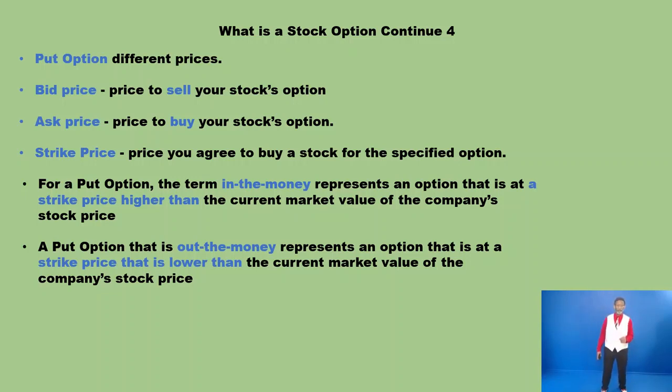So think of it as, when you're talking about a put option that's in the money, the strike price is higher than the current market value. Now, for a put option that is out of the money, the strike price is lower than the current market price of the stock.